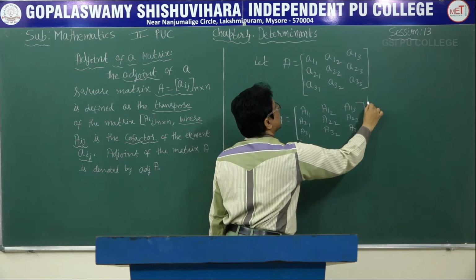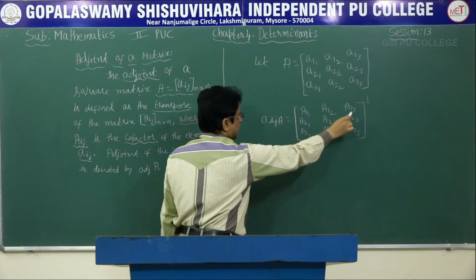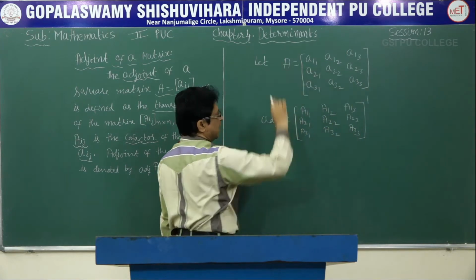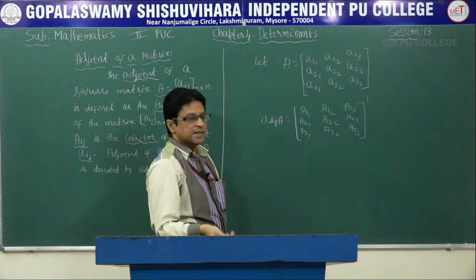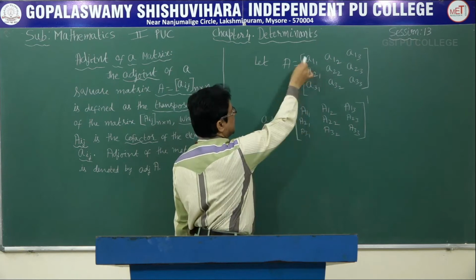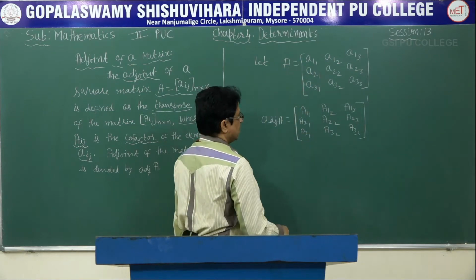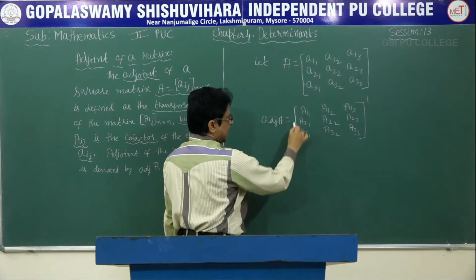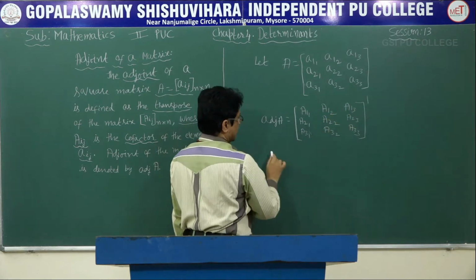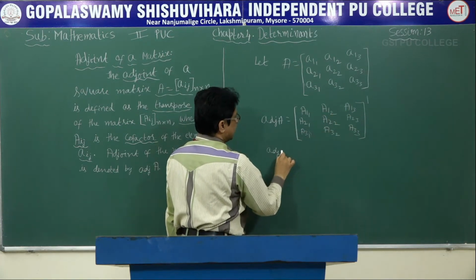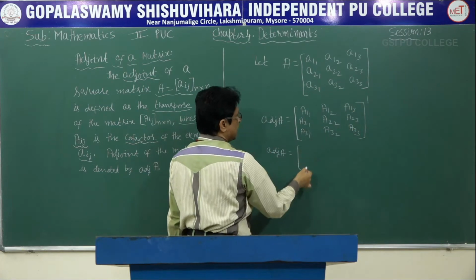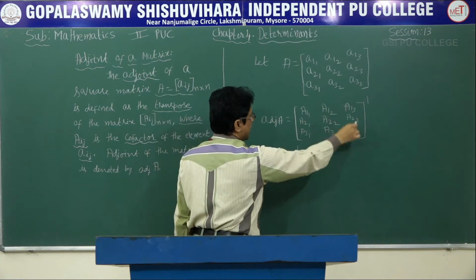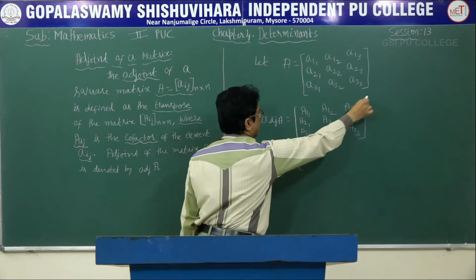Its transpose. These are the corresponding cofactors of the elements. We have to take the transpose of these cofactors. That is, adjoint A equals, the first row becomes the first column because we are transposing the matrix of cofactors.